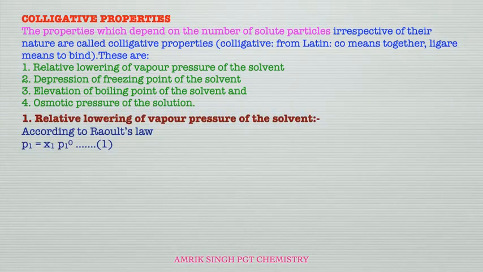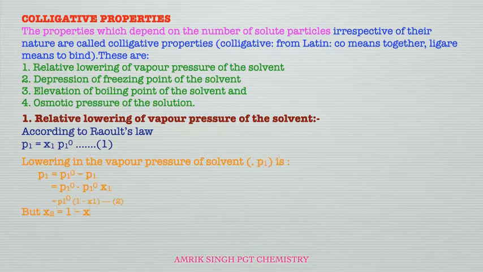The first one is relative lowering of vapor pressure. We already know lowering of vapor pressure. According to Raoult's law, P1 is equal to P naught 1 x1, and the lowering in vapor pressure of solvent, delta P1, is equal to P naught 1 minus P1.